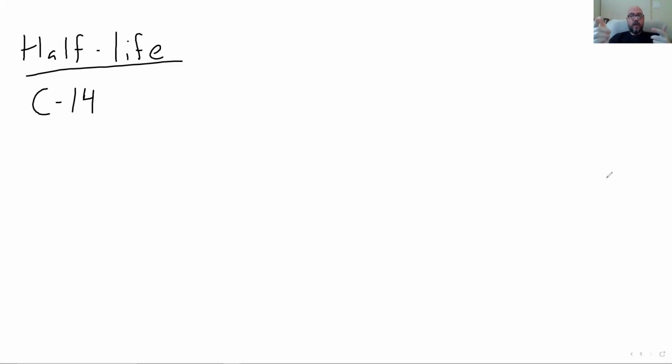This is also, by the way, why you can't be super precise about when something died. On very long time scales like this, and with very tiny percentages like we're dealing with, it's very hard to be precise. So here's how this works. Now we've got our physics lesson over.